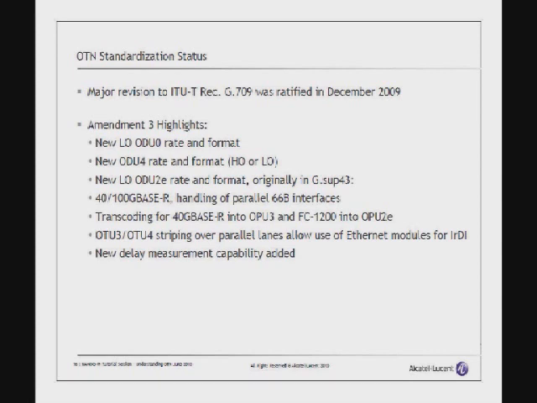or it can potentially in the future be a low order, which is then mapped into a higher order container. An ODU 2E rate was defined, and we'll speak to that here in a few slides. That was something specific coming out of Asia, driving for a particular flexibility in rate structure to handle some IP services. 40 gig, 100 gig base R for parallel 66B interfaces.